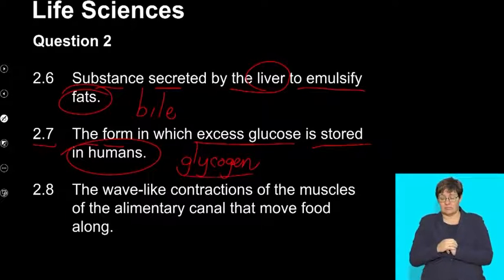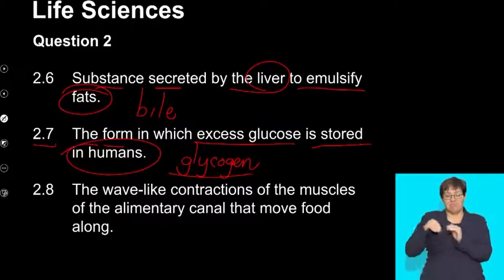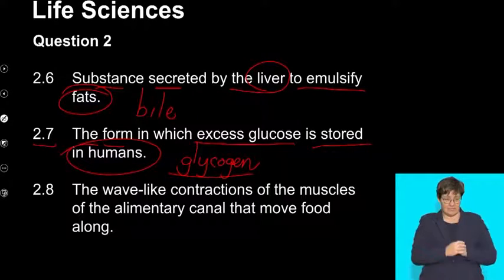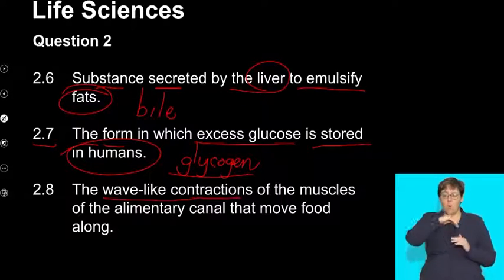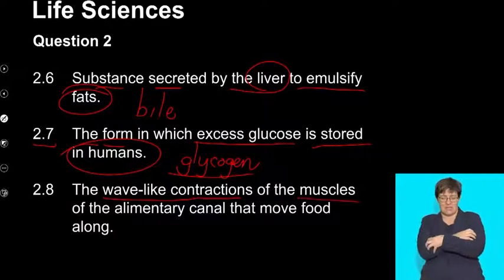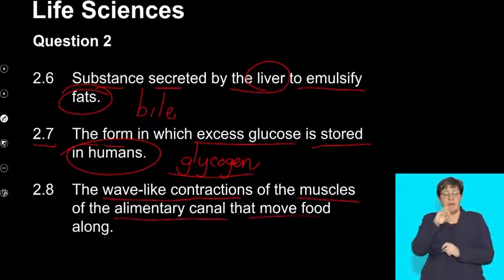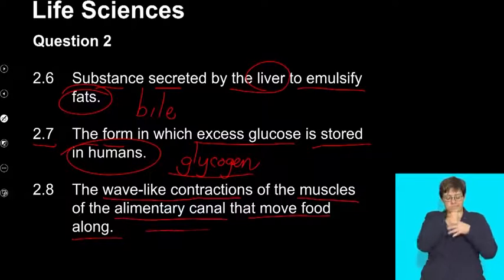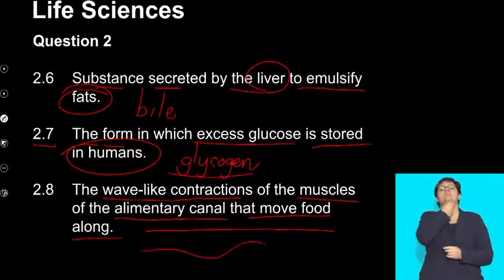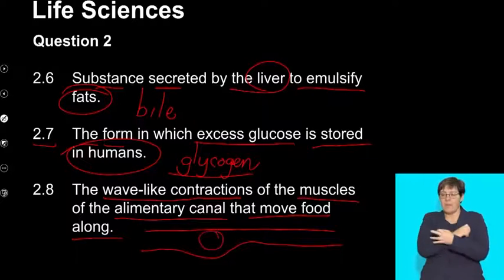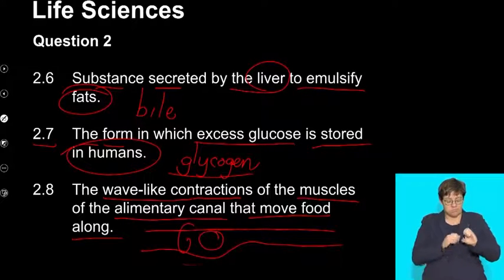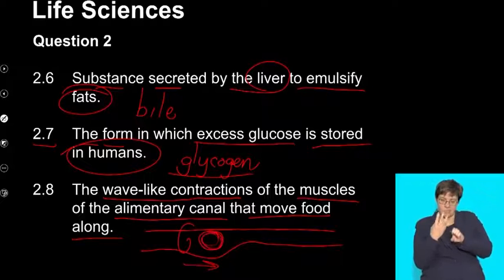And that is a complex carbohydrate which is stored in the liver and muscle cells. 2.8. The wave-like contractions of the muscles of the alimentary canal that move food along. Guys, remember that we spoke about the muscular contractions that allow for the propulsion of the bolus.